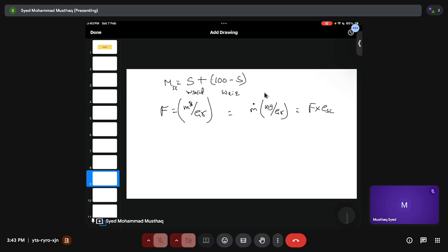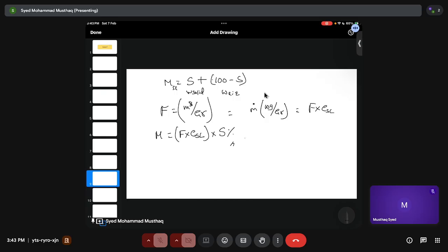Now if I want to know the mass flow rate of solid in a slurry, then you take the flow rate times the density of slurry into the weight percentage of solid in your slurry. This will give you the final result, right?